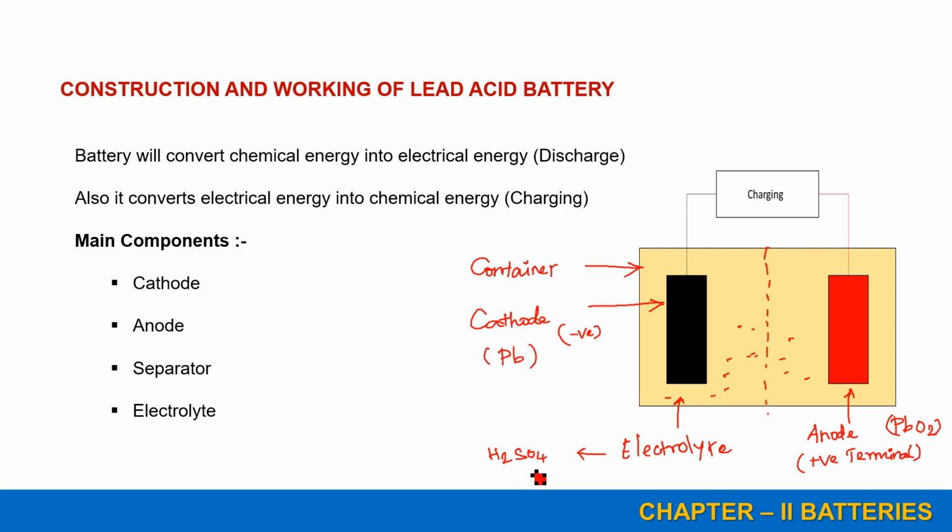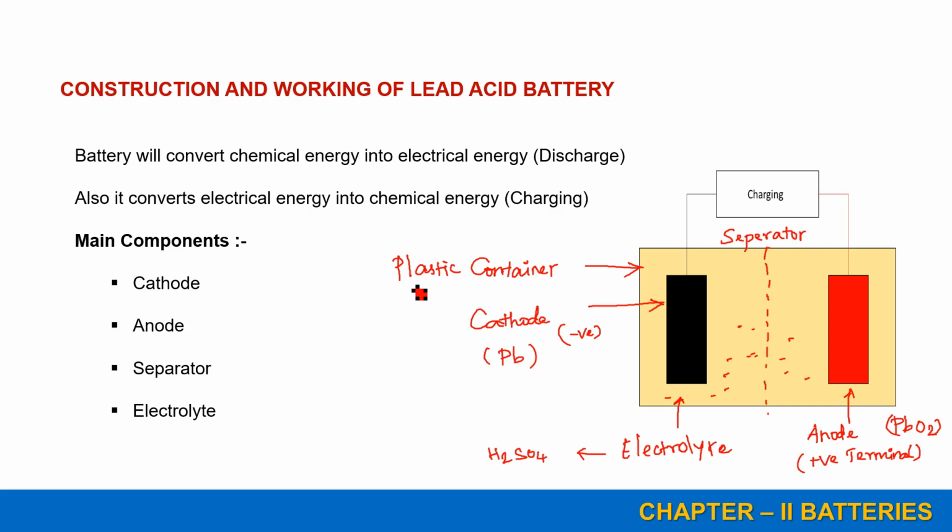All these components are packed using the container. Here the plastic container protects against shock and vibration. Here you have the separator. This separator allows only a partial amount of ions between these two electrodes. So this is the construction of the lead acid battery.